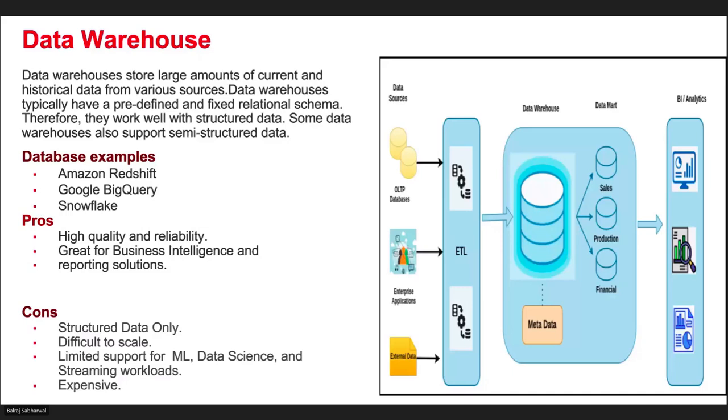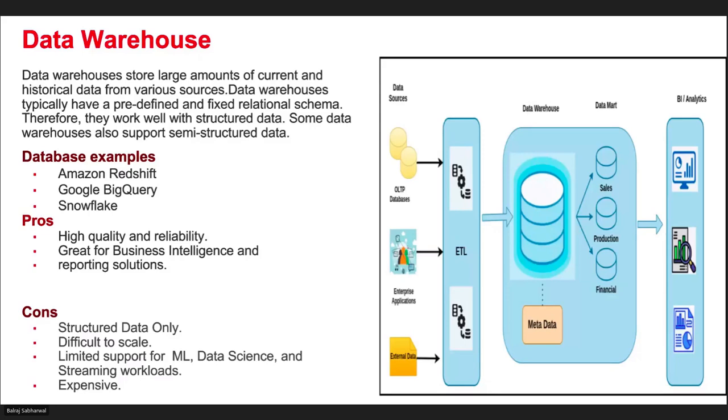The data is a combination of different databases, and as it is written, warehouses typically have predefined and fixed schemas. So it is good for business intelligence and analytical engineers to query the data inside the data warehouse, and we can also store different data from different databases.